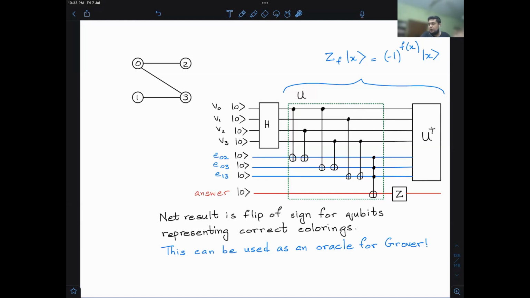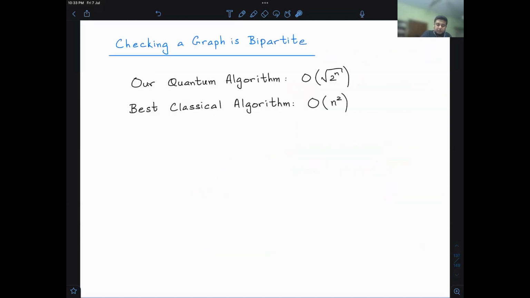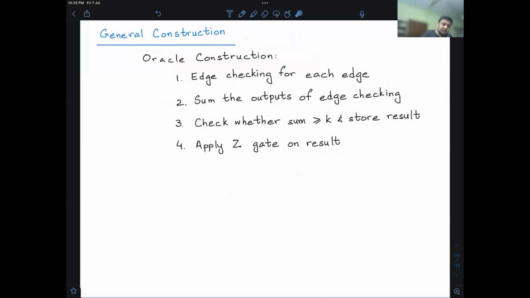Now, this obviously will change for a general graph. And here's how it will change. So the generic oracle construction, where we are removing the restriction of the graph to be bipartite, you still do the edge check. Then you need to do some additional calculation, which we'll quickly see the circuit for, but we'll hold a separate programming tutorial next week where you can work through the details of how this is working.